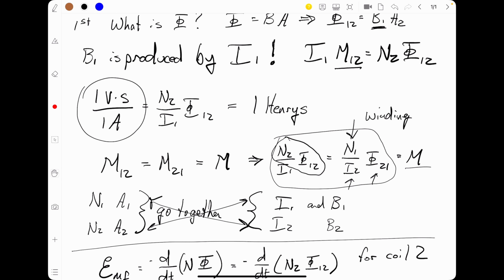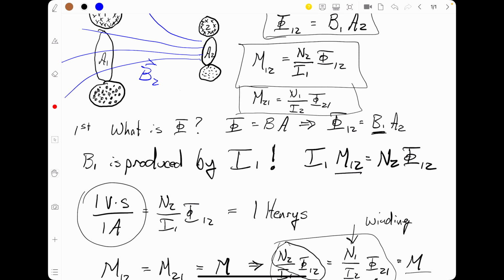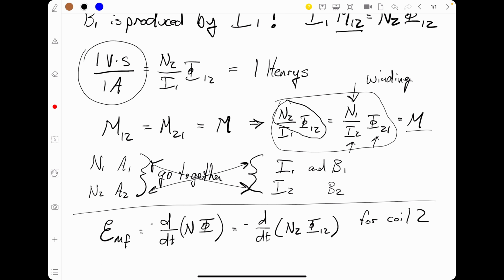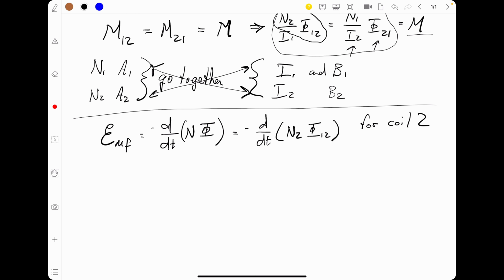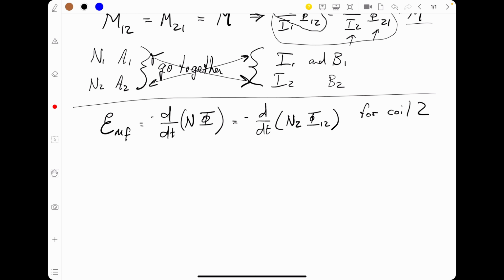So if we're dealing with B1, we're dealing with A2 and B1. Okay? So that's for coil number 2, the EMF inside that coil. Let's even put a little thing here. Coil number 2. EMF for coil number 2. Good.